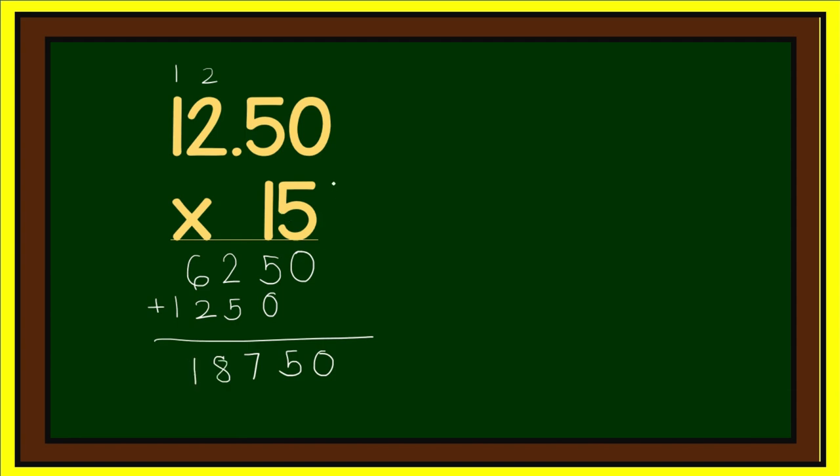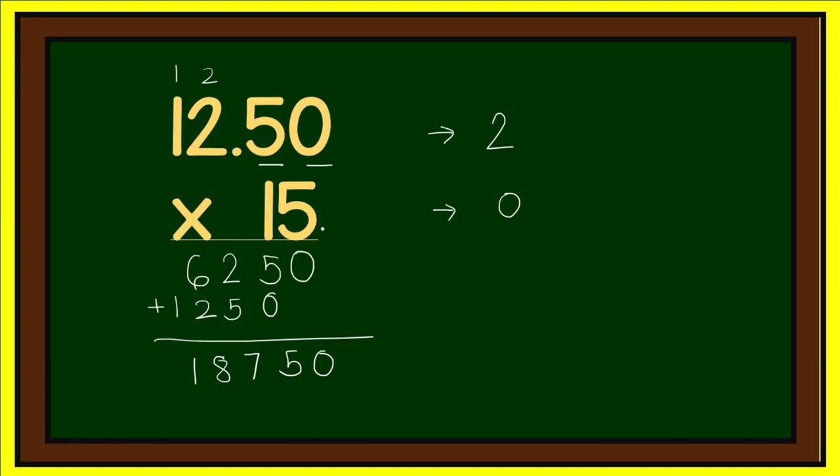And lastly, aalamin natin ilang decimal places ba ang nasa given. So sa first number, merong 1, 2. Merong dalawang decimal places. Sa pangalawang given, wala. So walang decimal places sa 15.